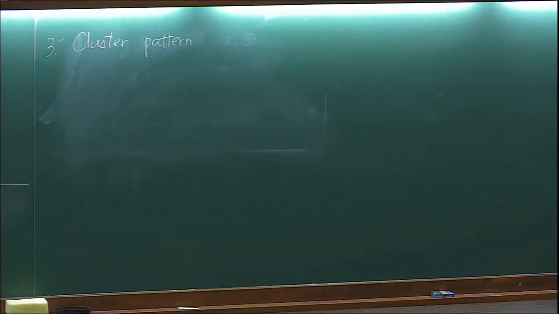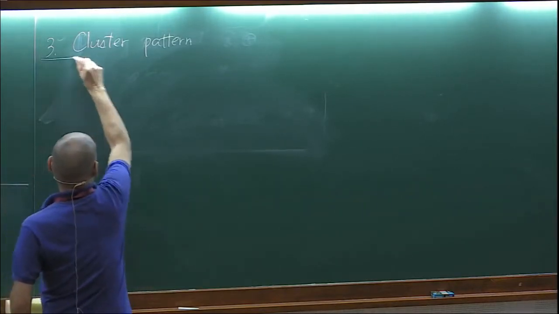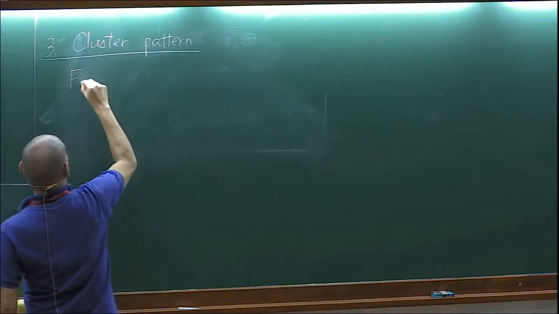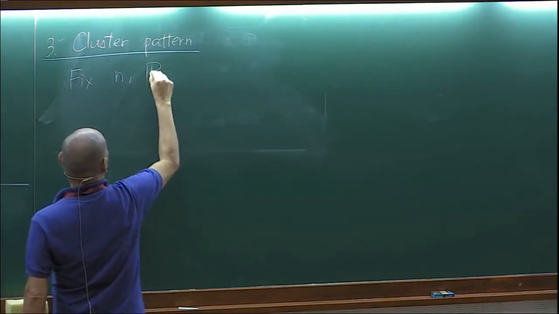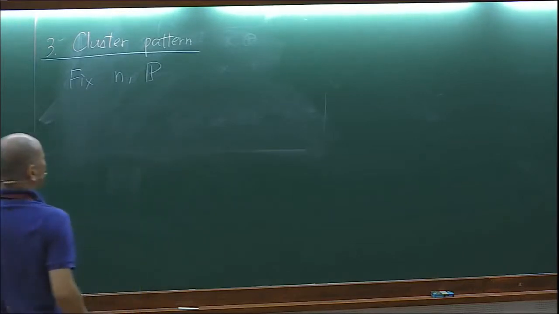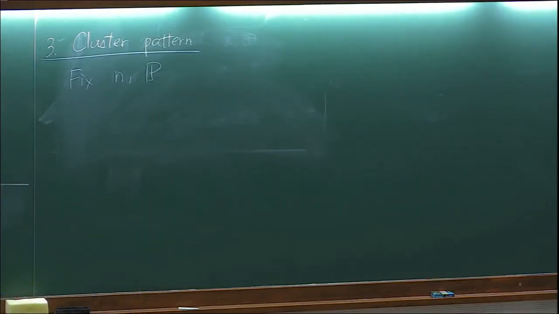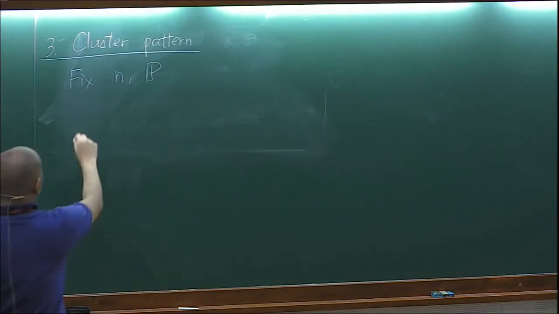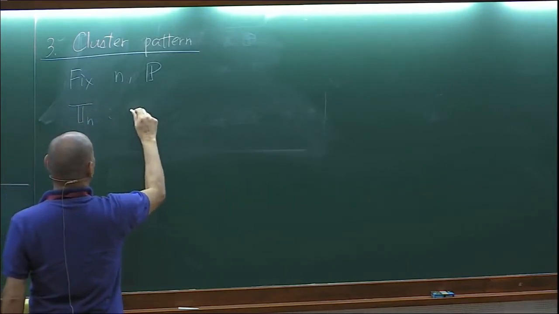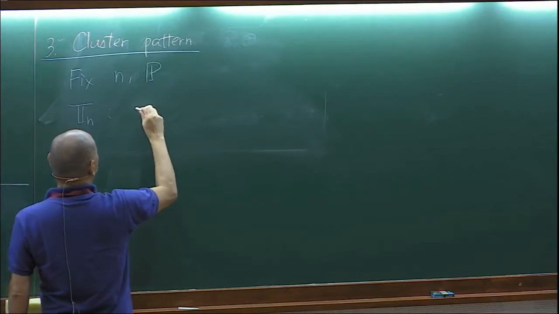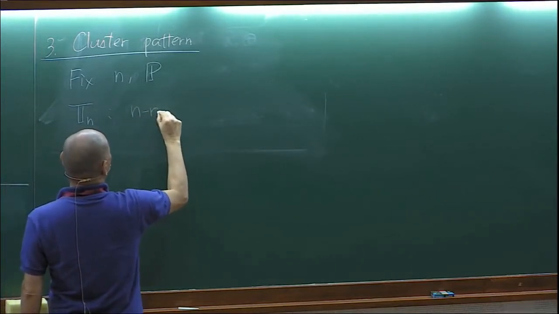So I explain it. Once again, to discuss the cluster pattern, which is my main object, you first fix the rank and the coefficient semifield. And then we introduce the following notion. Tn is called the n-regular tree.